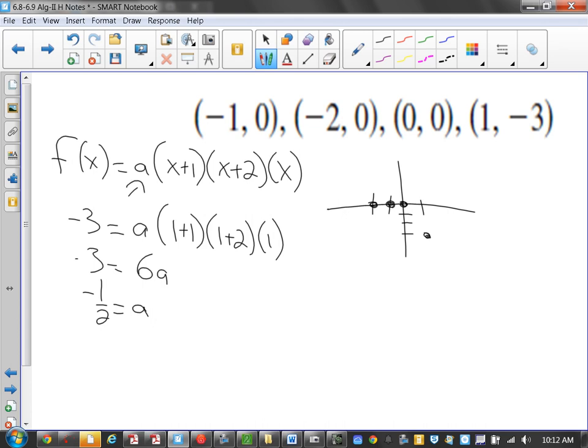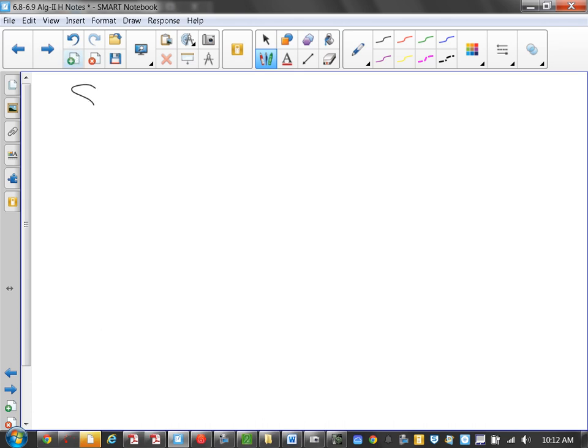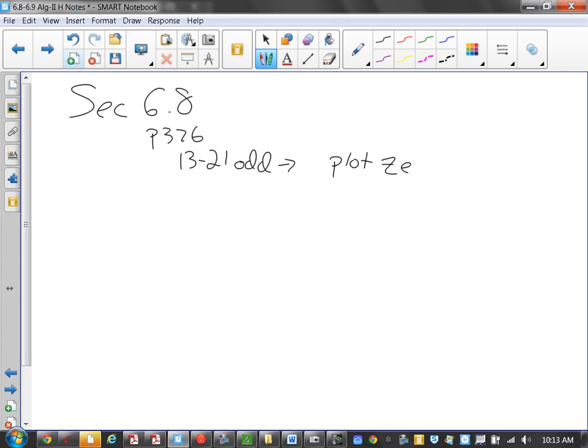Let me give you a couple of these to try. It's mixed between both 6.8 and 6.9 here. So let's see, section 6.8 is page 376. You mean like the local max, local mins, things like that?